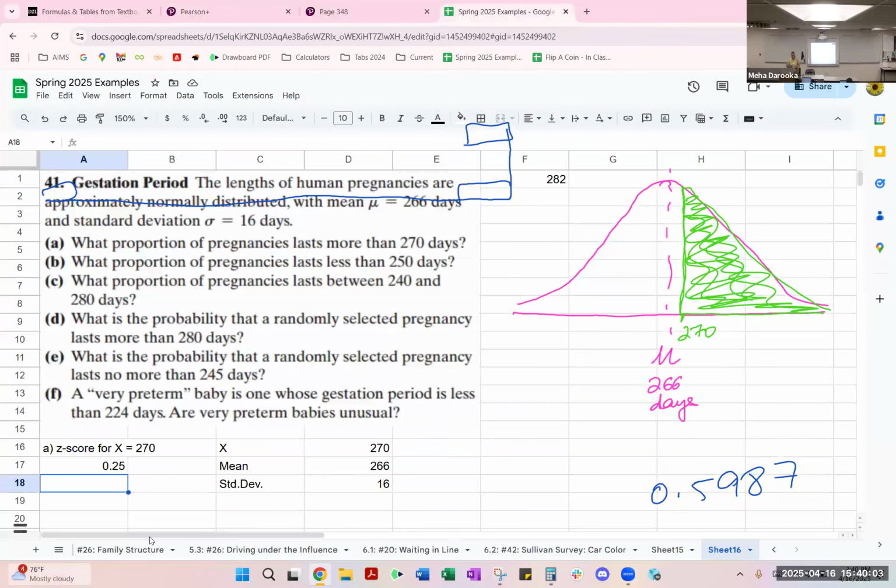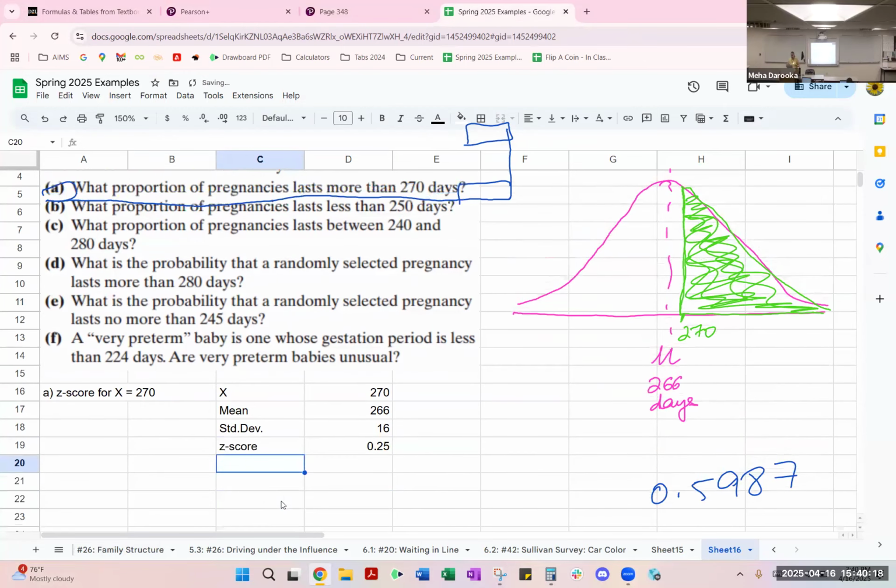Okay, there we go. This was the z-score. Now, how do we do the math for this? Remember, to find your probability, we will be doing 1 minus the answer we got. So 0.5987 subtracted from 1, and that's telling you the probability for the right-hand side is going to be 0.4013, which as a percentage will be 40.13%.